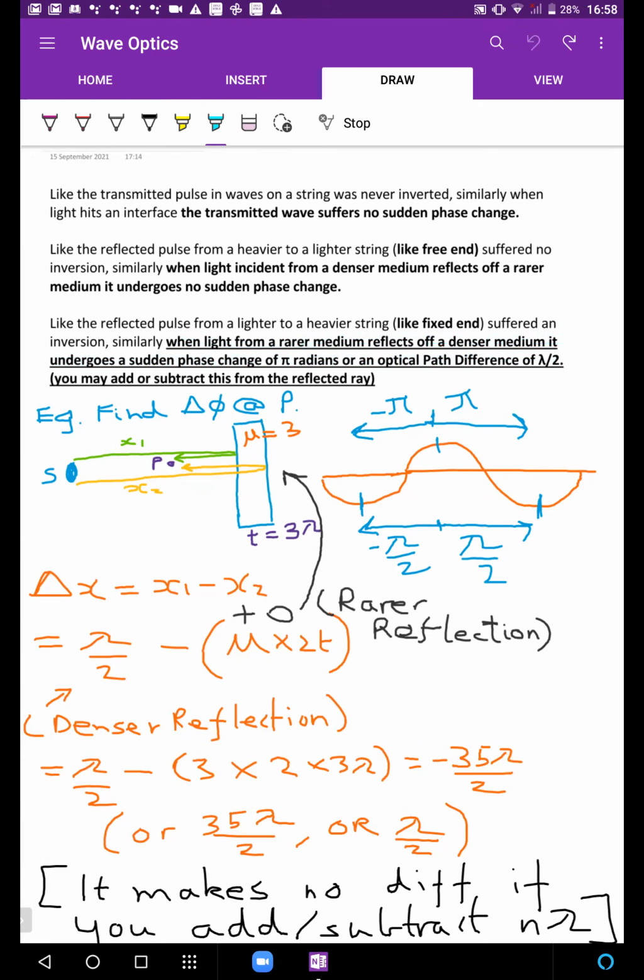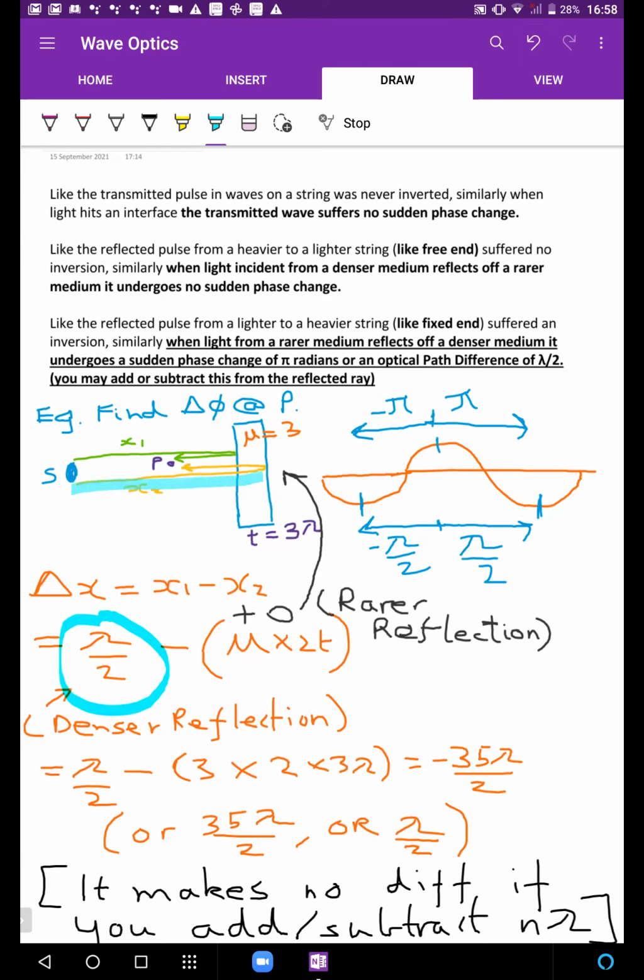तो जैसे कि ये example में there are these two rays x1 और x2 और इनके बीच में path difference पूछा था. तो idea क्या है, upper minus lower अगर निकालना है, x1 minus x2 निकालना है, तो first and foremost यहाँ पे this guy, in addition to whatever it is doing geometrically, it reflected from a denser medium over here, and reflecting from a denser medium made it walk an extra path difference of lambda by 2.